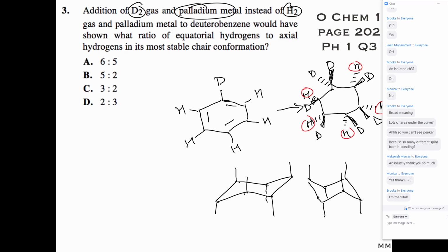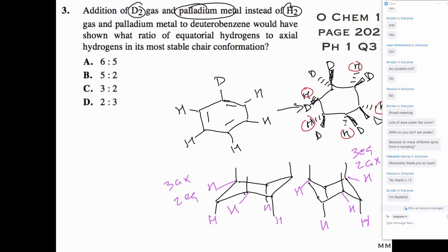If the H's are down, down, down, then down would be equatorial, so they could be 3 axial and 2 equatorial, or 3 equatorial and 2 axial.